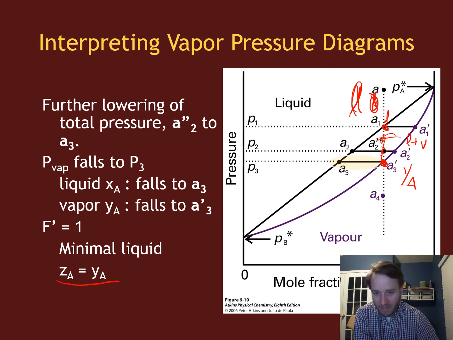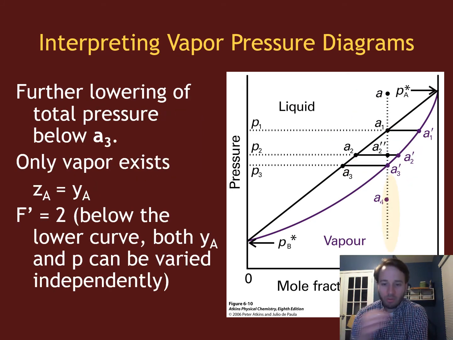And at A3 prime, the composition of the liquid is A3. This point here gives us the chemical composition of the liquid. Then once I lower the pressure past that, I'm just changing the pressure in the vapor phase, and I just have the vapor phase in equilibrium. I don't have two phases in equilibrium now, just the one. I can vary these things however I want.